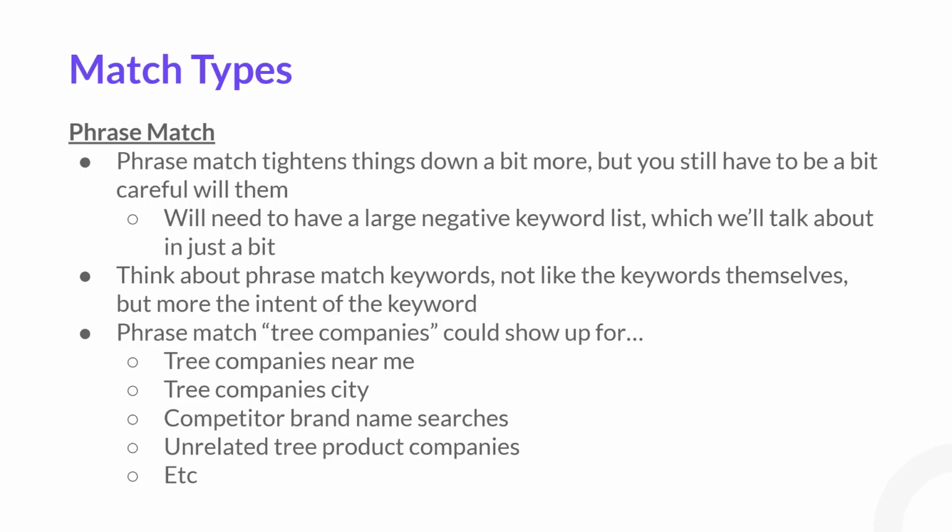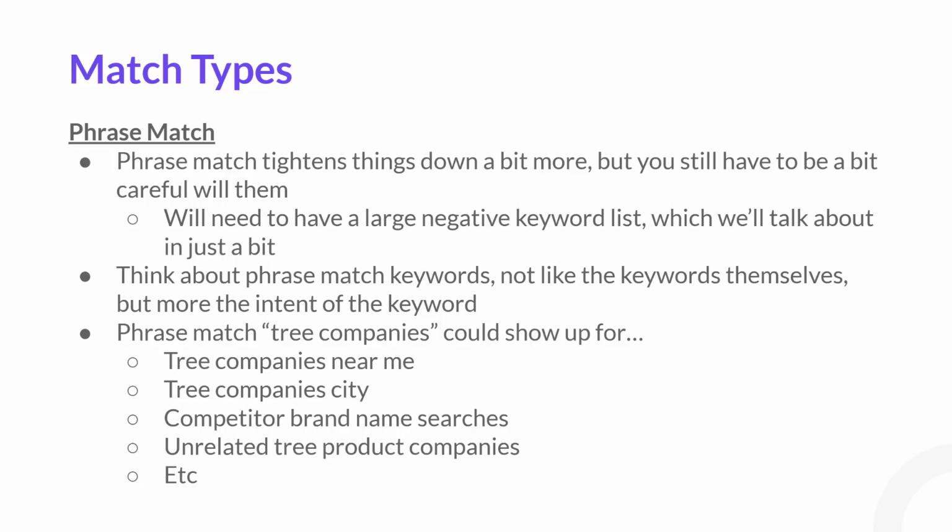So in this example here, a phrase match keyword that is tree companies could for sure show up for tree companies near me, tree companies in my city, but it's almost like Google takes that phrase match keyword and uses it as more of an intent signal, if that makes sense. So if somebody's going to Google and they type in a competitor brand name search or an unrelated tree product company, you putting in phrase match tree companies is almost like telling Google, hey, even if that person is searching for a local tree service company, like another competitor brand, the ad could still show up for that kind of stuff too.